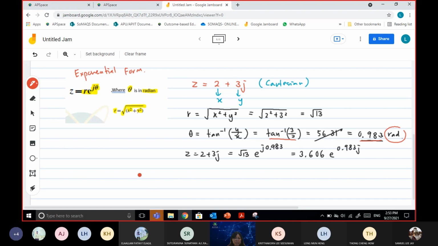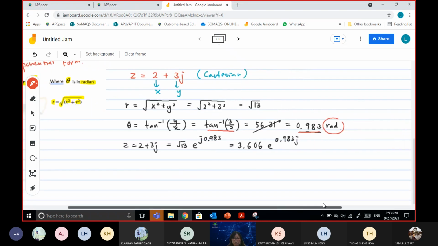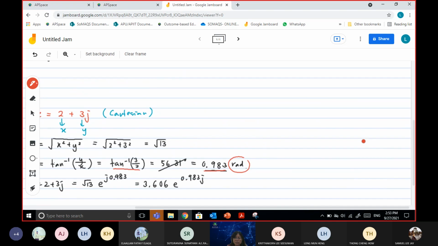Then now, okay, if clear, then I want you to do something. Okay, so now I want you to try to convert this to exponential form. I give you z equals 4 minus 2j.